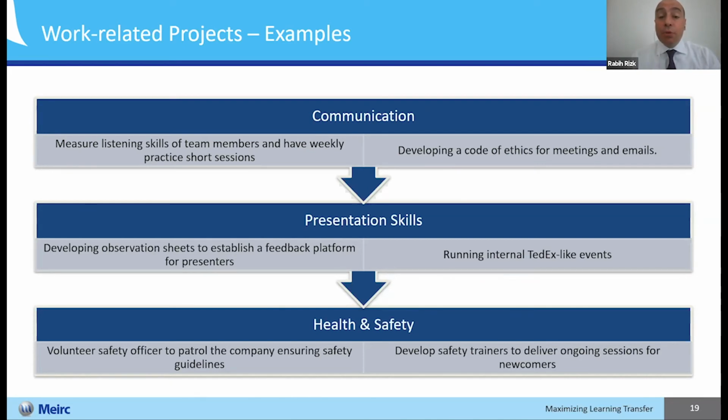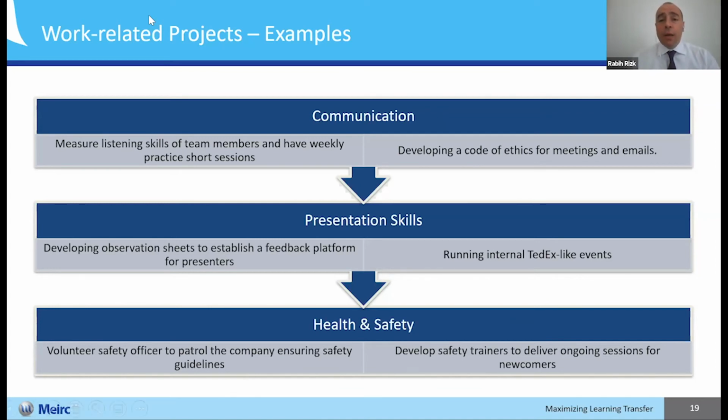That would be absolutely beneficial, and they will have the chance to practice listening skills. And especially if you bring a department together, then this would have a massive impact on the way they communicate and on their trust-based relationship.